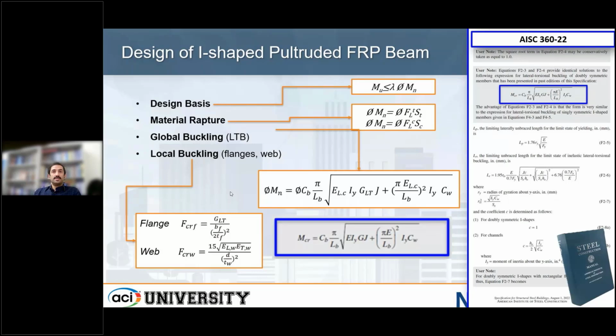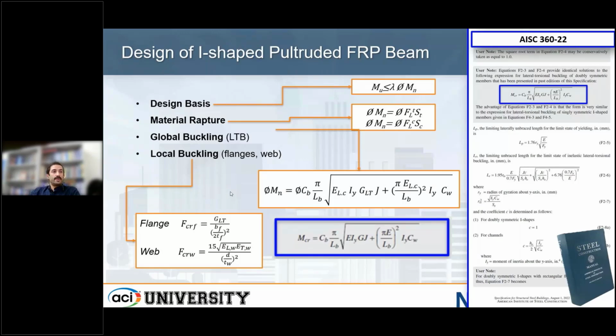In steel design, as you might be familiar, we have compact sections that ensure local buckling in the flange and web occurs only after reaching the plastic moment capacity. However, for FRP, we have thin-walled shapes like I-shaped tubes, and so we require a specific equation for local buckling of flanges and web.